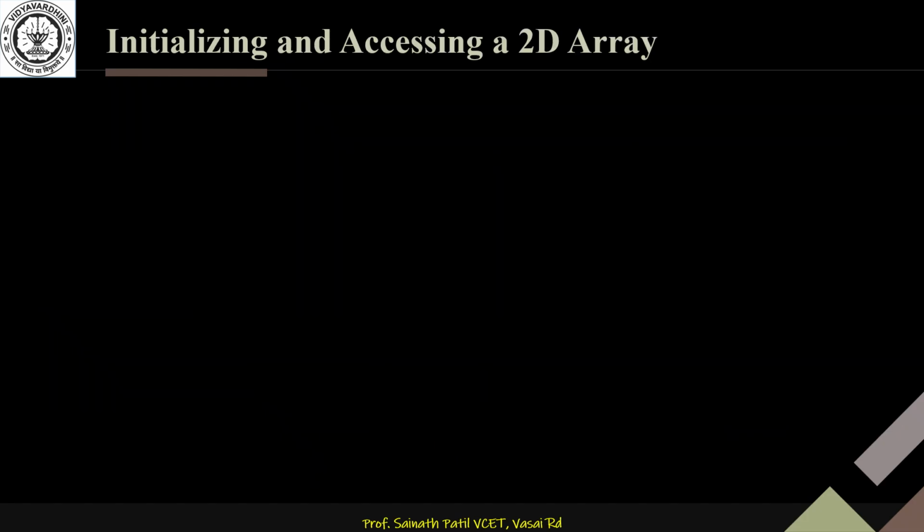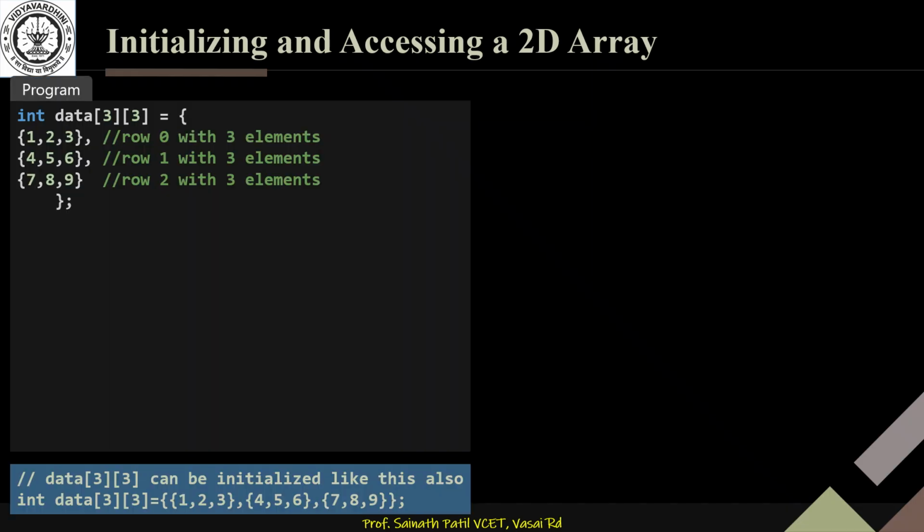Now we will see how to initialize, that means store default values or elements in a 2D array, and access them. Here it is a simple program where I declare int data, a 2D array of size 3 by 3, equal to.